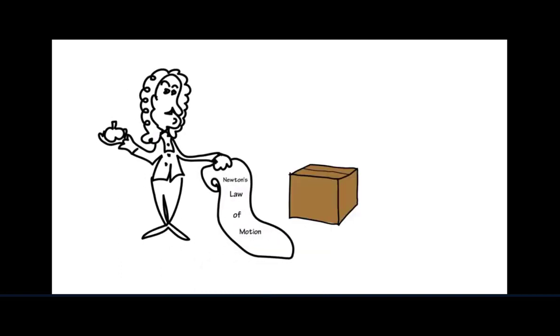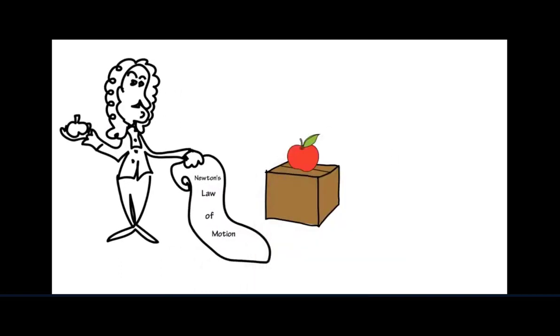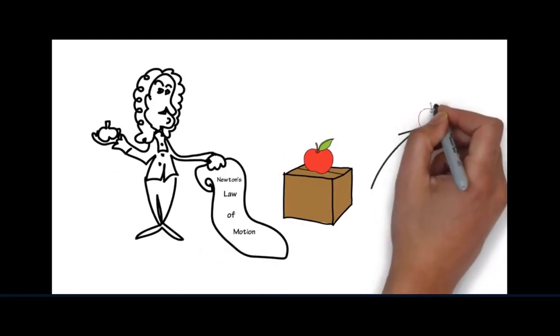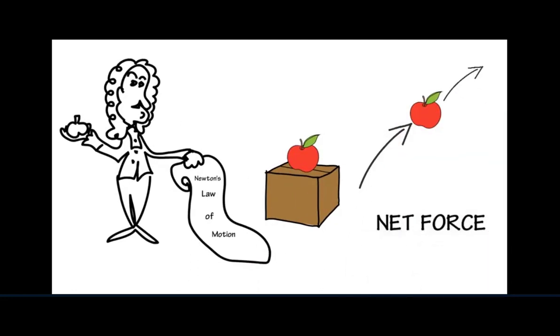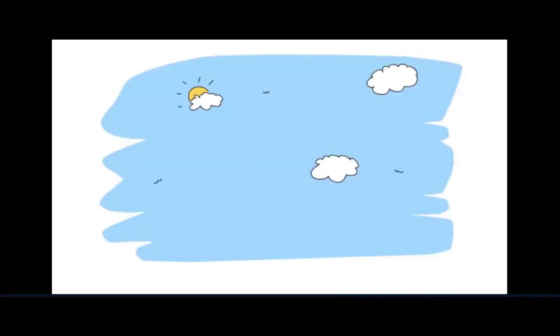This states that an object at rest will stay at rest, and an object in motion will stay in motion once there is no net force acting on it. What this really means is that once all these four forces are balanced, the moving plane will stay moving, in the air, in flight, which is just the way we like it.